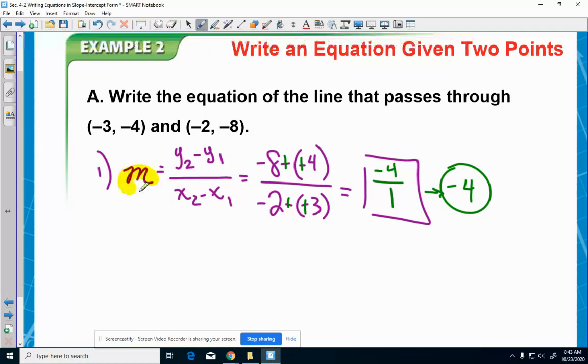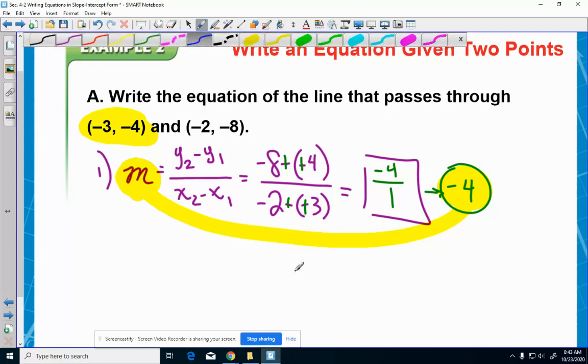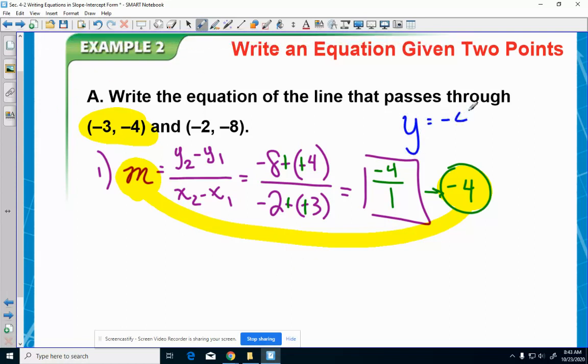So take that information and pick one of these points. I don't know, I'll just use that one and figure out what your y-intercept is. Because right now you only know what half of your equation looks like. The only thing I know right now is that my equation starts out like that.